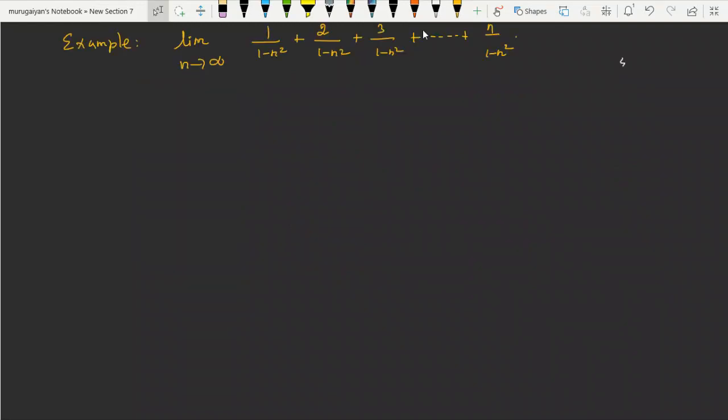And the next question, dear student: limit as n approaches infinity of 1 by (1 minus n square) plus 2 by (1 minus n square) and so on, the last term n by (1 minus n square).